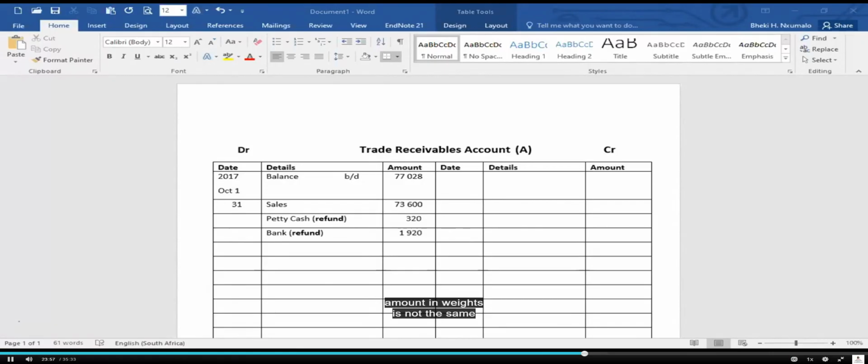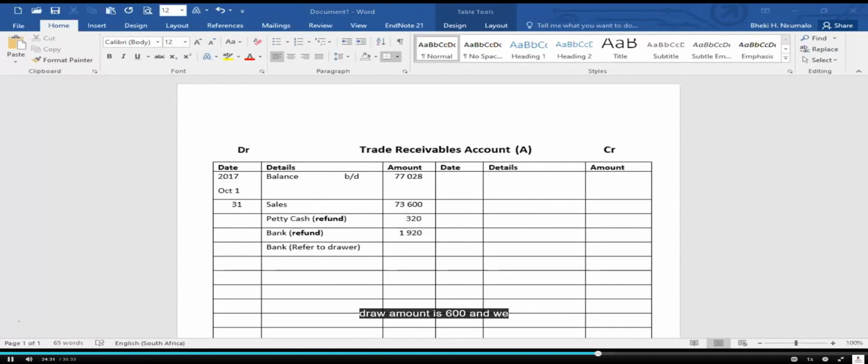So this check we were recording as bank, and then we refer to drawer. Always this one we write on the debit side, but we need to state the reason. What is the amount here? Refer to drawer.